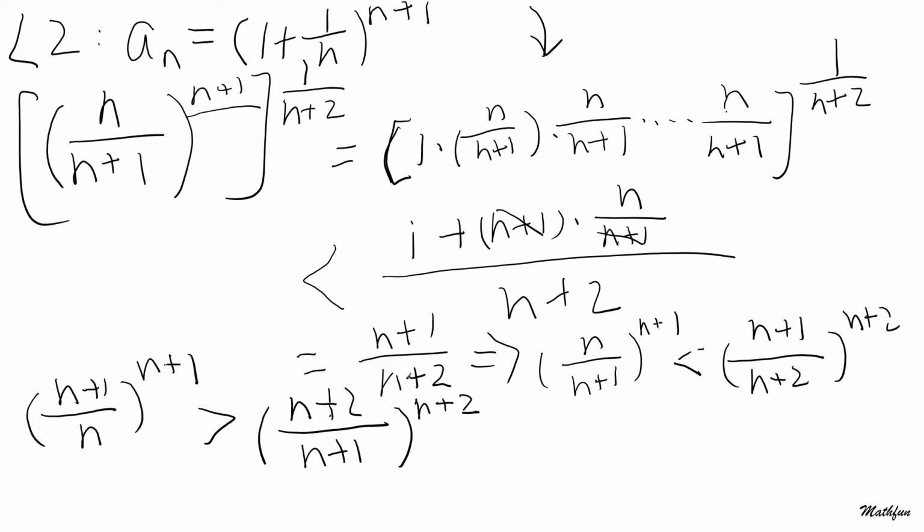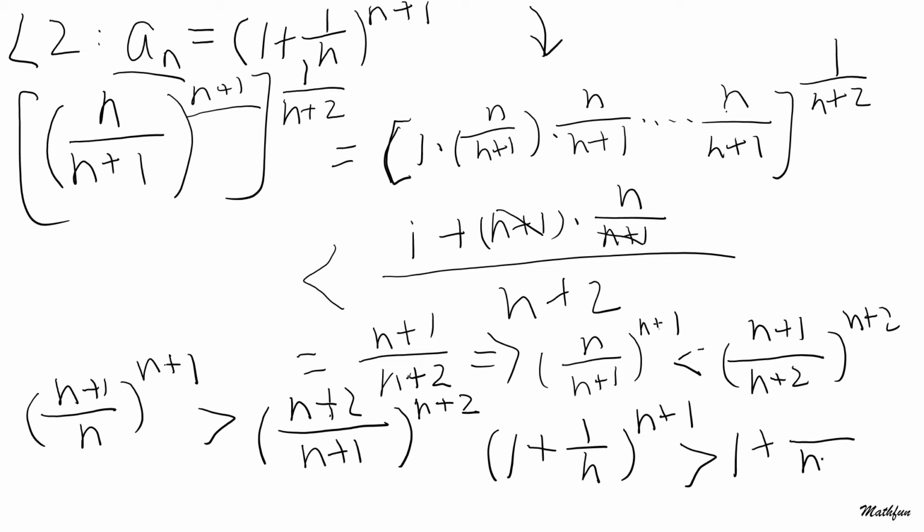And this one equals what? That one equals 1 plus the reciprocal n to the power of n plus 1. It's our an here, by the way. And that is bigger than 1 plus the reciprocal of n plus 1 to the power of n plus 2. This is our an plus 1. Isn't that true? So we prove our lemma 2.